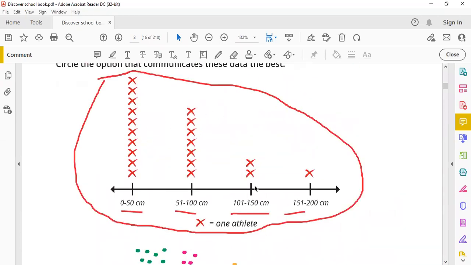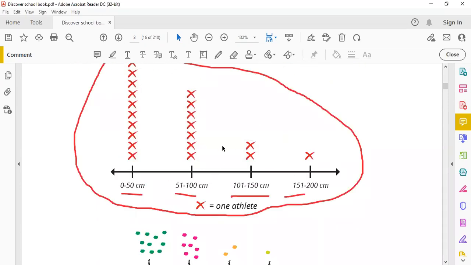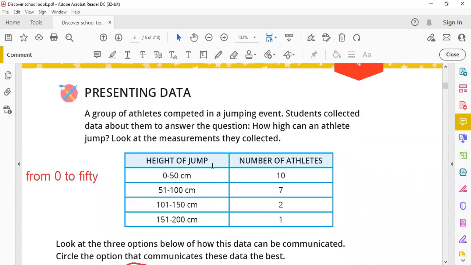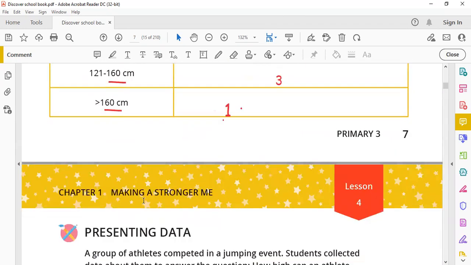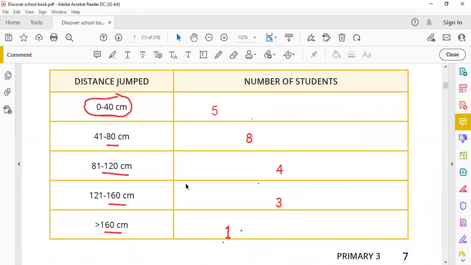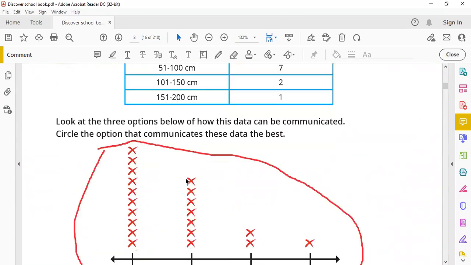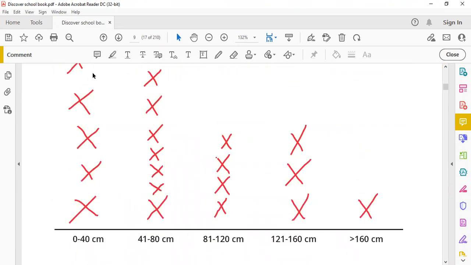We made a graph like this one, but we used the numbers in this table. Now in page 9, we draw 5 marks for the students who can jump for 40 centimeters.